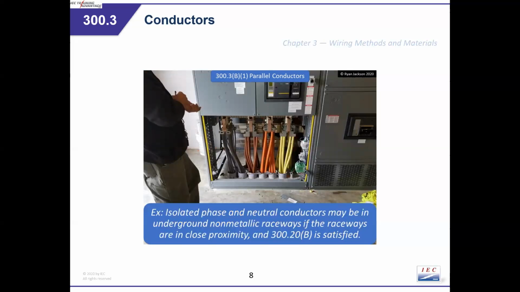Example, isolated phase and neutral conductors may be in underground non-metallic raceways if the raceways are in close proximity and 300.20(B) is satisfied. I said example, I meant exception. Okay, for parallel conductors.